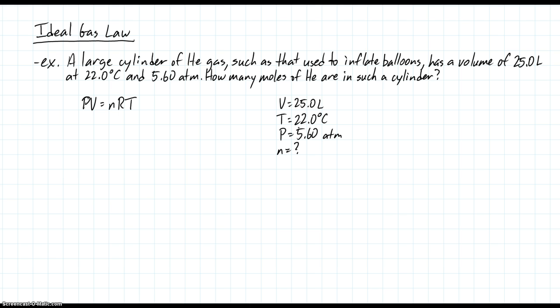A couple things that we need to think about here before we start plugging in. One is that we want our volumes to be in liters before we plug in. Here we already have liters, so we're fine. We also need to check our temperature. Our temperature must be in kelvins before we can plug it into the ideal gas law, and here we see that it's in degrees Celsius.